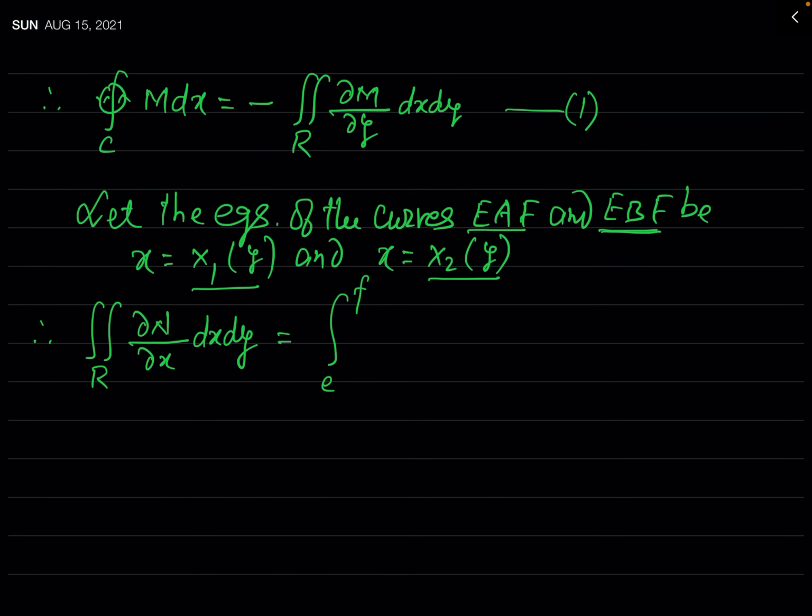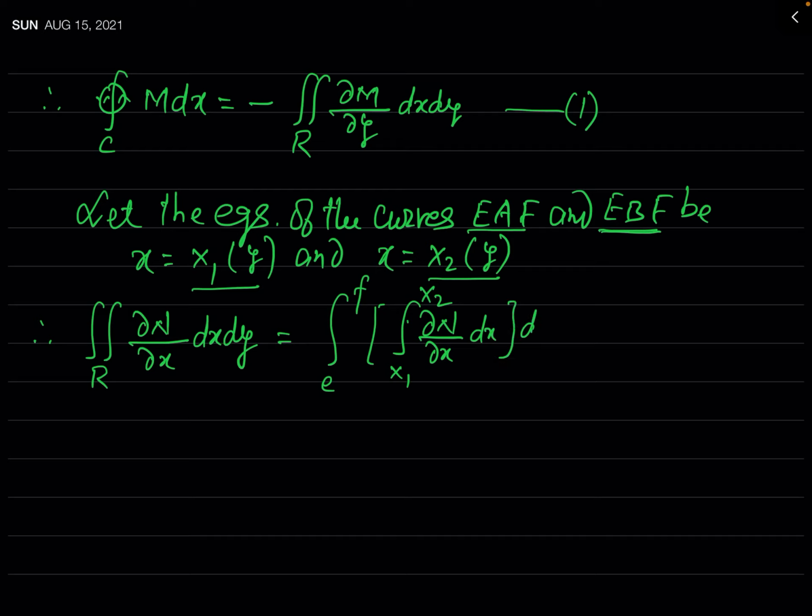So the limits for the variable y will be e and f, and you can now write this integral from X1 to X2. These are the values of x coordinate, the lower value and the upper value, of del n by del x.